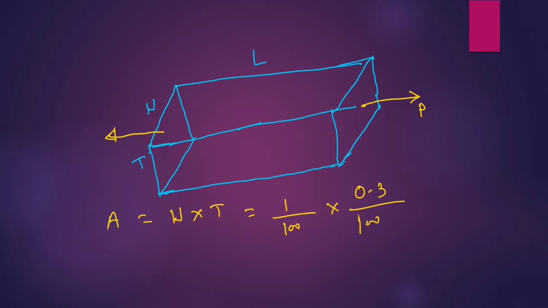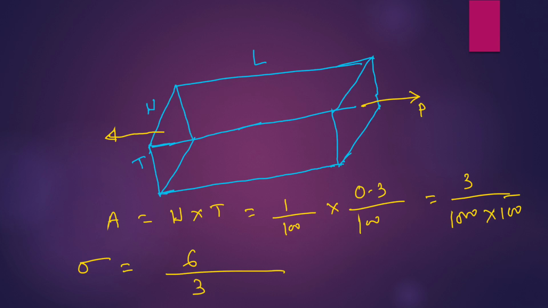3 divided by 1000 into 100. This is area. We have to calculate sigma value. Sigma equal to P, here 6 Newton, 6 divided by area, 3 divided by 10 to the power 5.